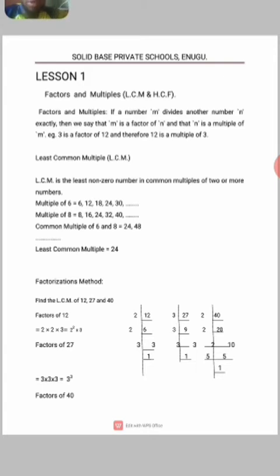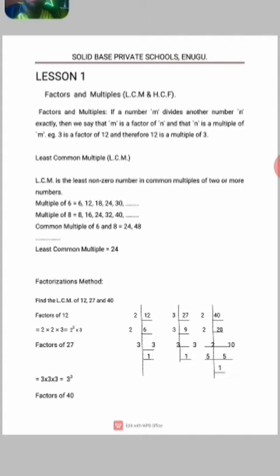If a number m divides another number n exactly, then we say that m is a factor of n and that n is a multiple of m. For example, 3 is a factor of 12 and 12 is a multiple of 3, because 3 can divide through 12 without a remainder.